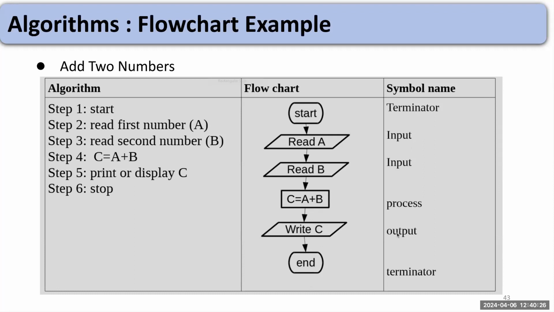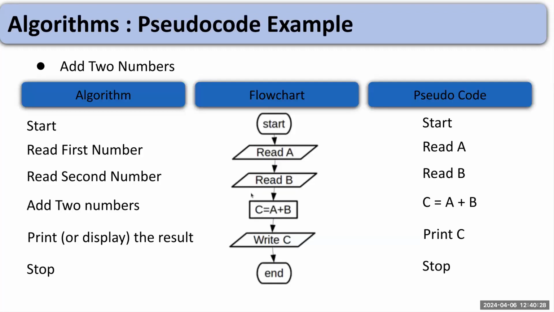Input, process, output. This is the same thing: algorithm, flowchart, pseudocode. These are the differences between the algorithm and flowchart. This is like start, read A, read B, C equals A plus B, print C, stop.